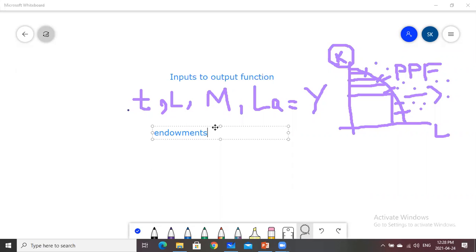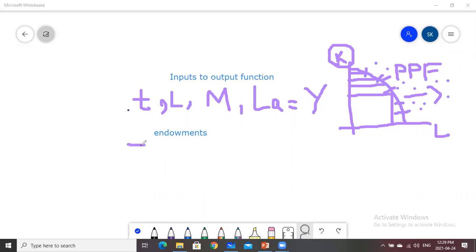Therefore, it is the endowments or the rewards which will help in the replacement of one input for the other input. In a labor abundant region, more labor intensive goods are produced, as I told you over here, whereas in a capital abundant region, more capital intensive goods are produced. But in any production function, both capital and labor intensive techniques are used.